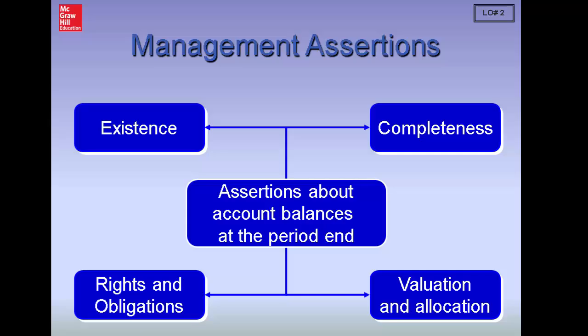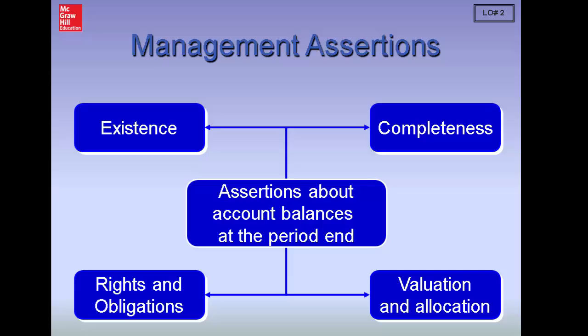Existence is stating that the items that are reported on the balance sheet actually exist. So if we're reporting a fixed asset, we're stating that that fixed asset exists. Completeness relates to the fact that everything that actually should be reported actually is reported in the balance sheet.